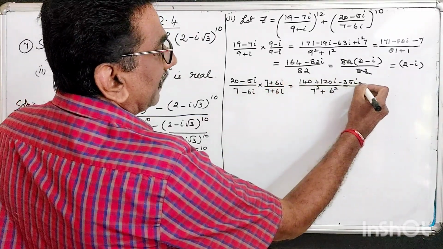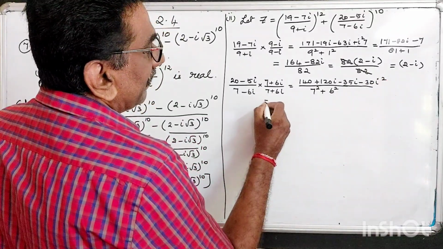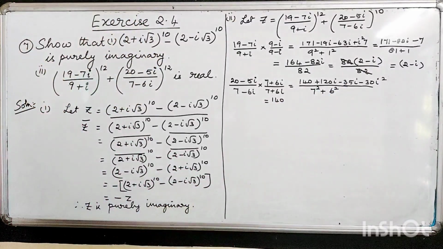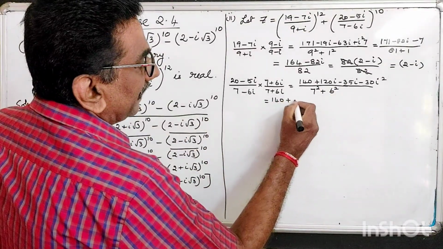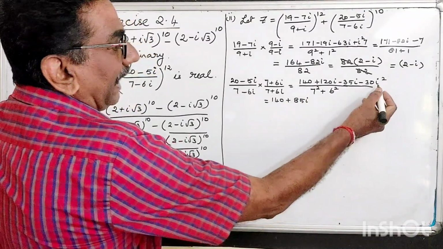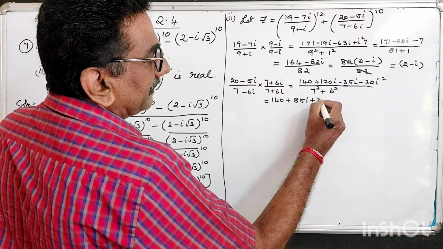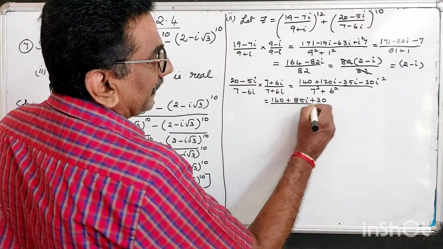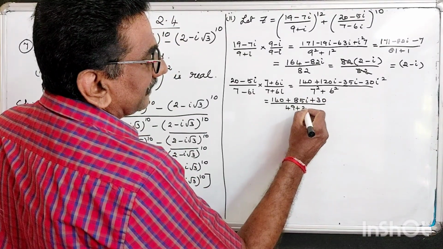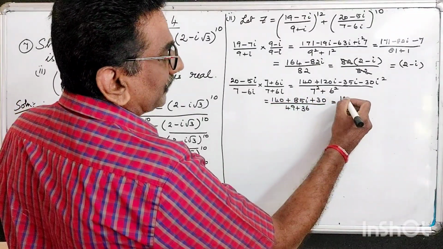Minus into plus, minus 30i square, which is equal to 140. 120 minus 35 is plus 85i. Here it is i square, and i square becomes minus 1. So minus into minus plus 30, divided by 7 square is 49 plus 6 square is 36, which is equal to 140 plus 30. Both are real parts.